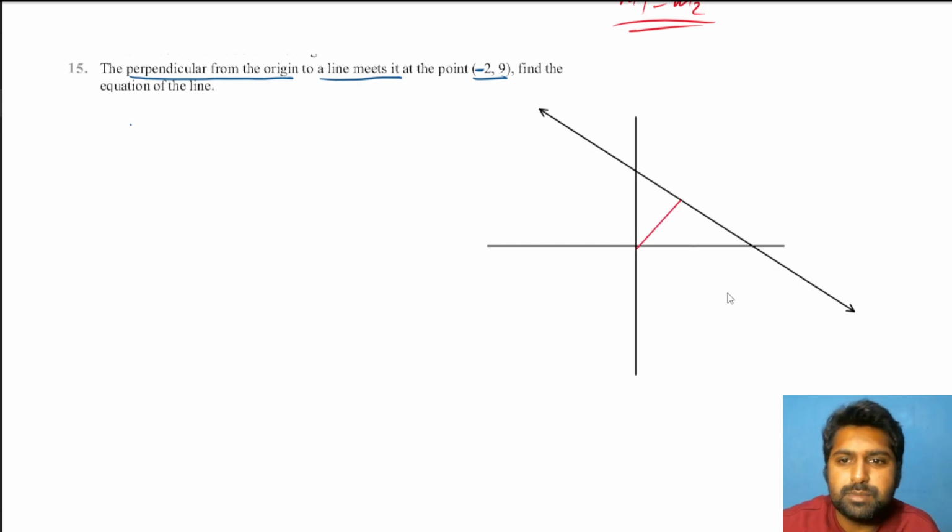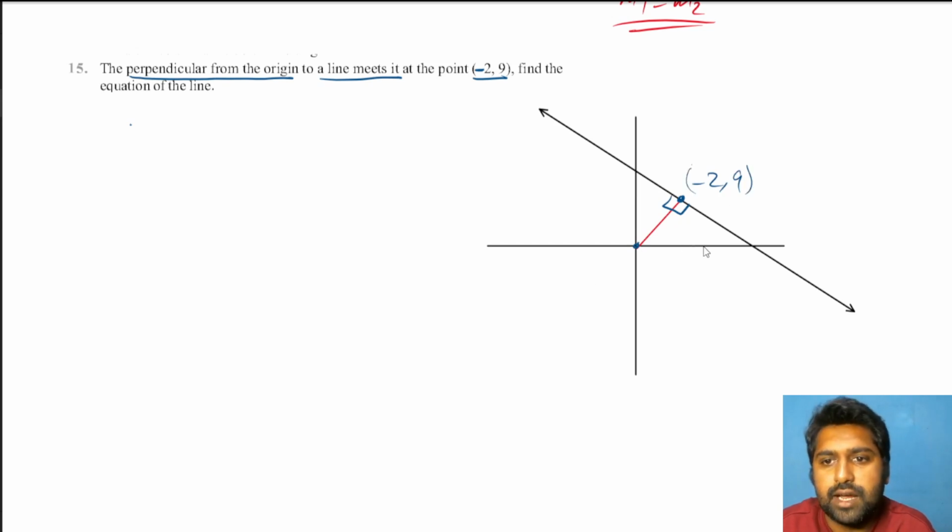Now the moment you see perpendicular through origin, you might think that's normal form, but it's not, because he has not given us the distance or the angle here. He's saying that the perpendicular from the origin meets it at minus 2 comma 9. That's it, and we have to find out equation of this line.